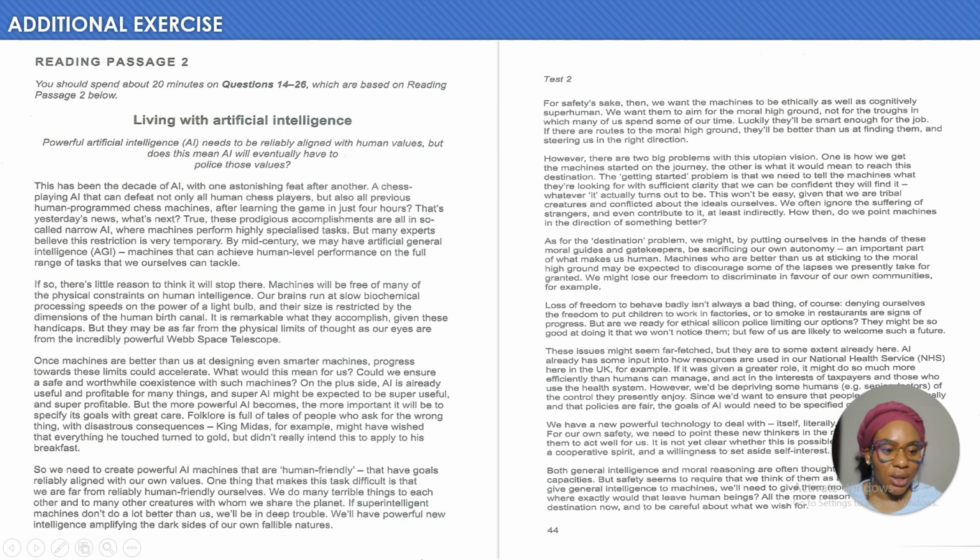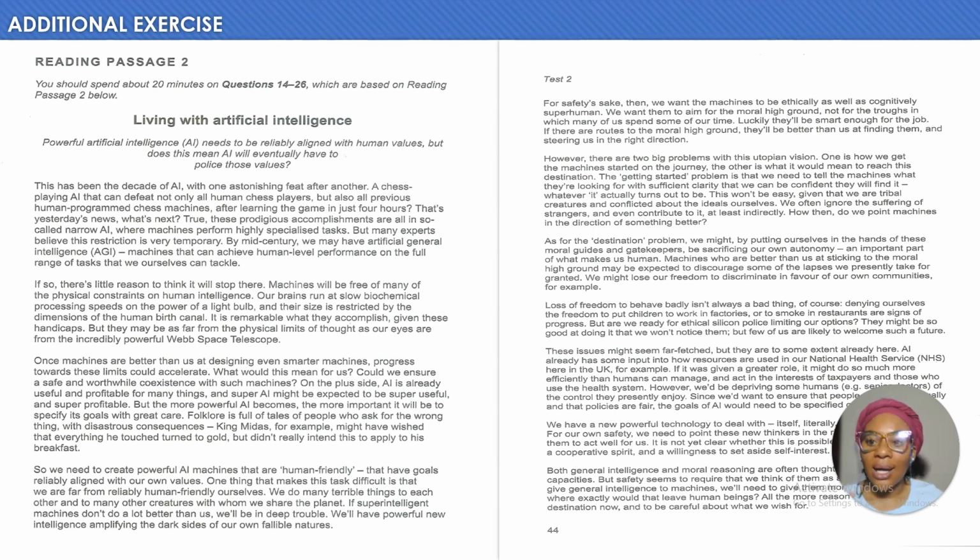This is the passage. I'm going to have to remove this bubble that is showing my face so that you can see, because it seems to be blocking some parts of the passage. The first thing you should do is read your heading and subheading. If your passage has a subheading, read it as well, because it will help you be better prepared to understand what the passage is all about. Living with artificial intelligence. That's the heading.